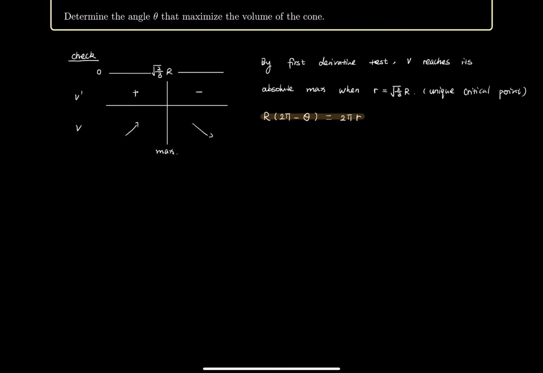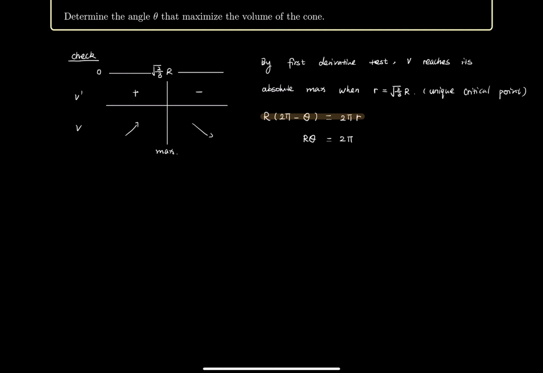The rest is just you plug it in. So that means r theta is 2 pi R is 2 over 3 r. This is r theta. Oops, I wrote it wrong. Sorry.